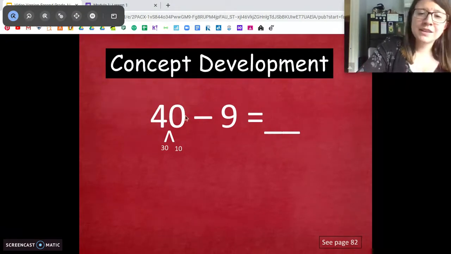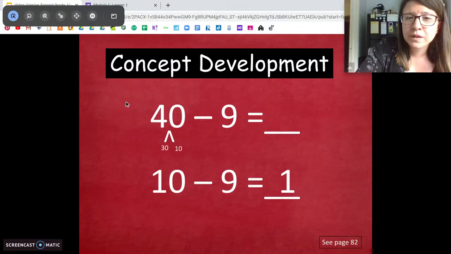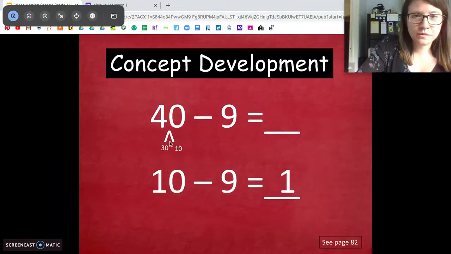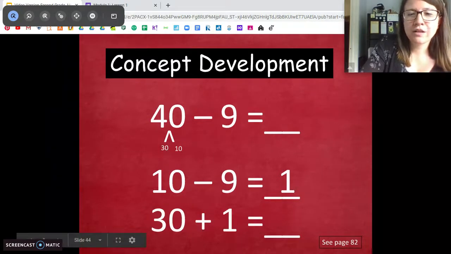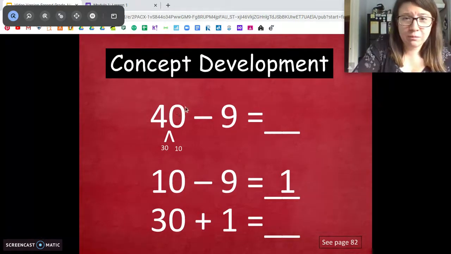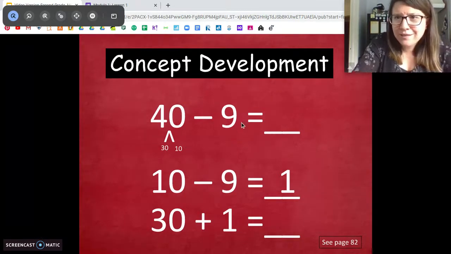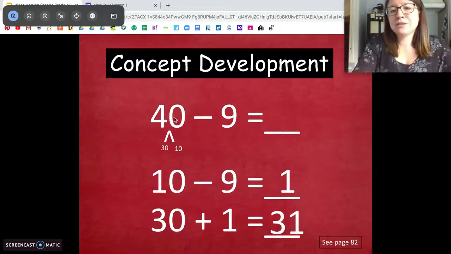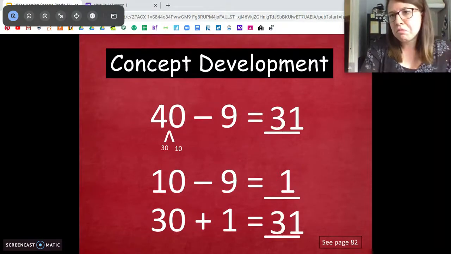We know that one. 10 minus 9 is 1. What is left over? The 30, right? So we need to add that 30 to the 1. 30 plus 1 is so much easier to figure out than 40 minus 9, right? You know that off the top of your head, lickety-split. 30 plus 1 is 31.